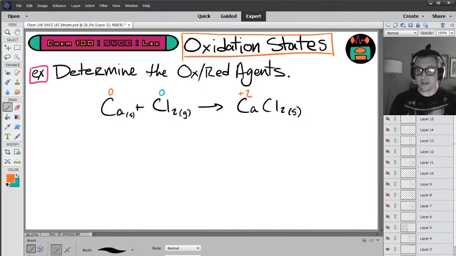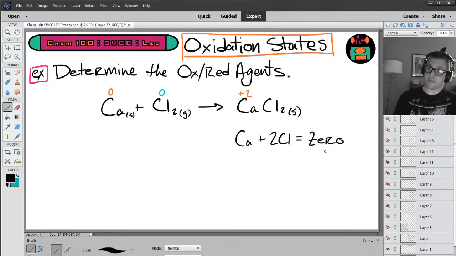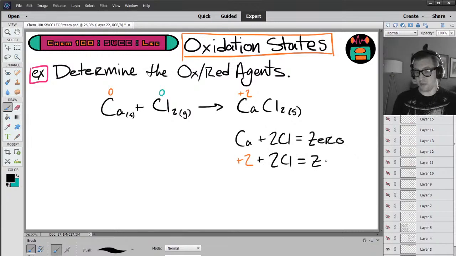And now that we know calcium, we can determine the oxidation state of chlorine because we know that the oxidation state of calcium plus the oxidation state of 2 chlorines will equal our total charge, which for this species is 0. So calcium is positive 2. Chlorine we haven't figured out yet, but they will add to 0.